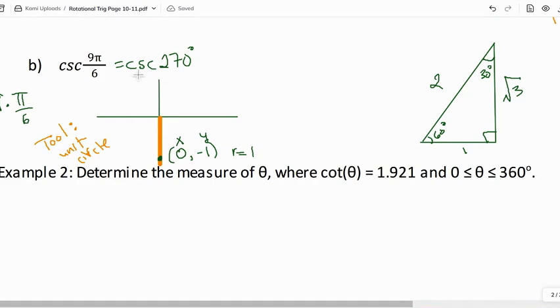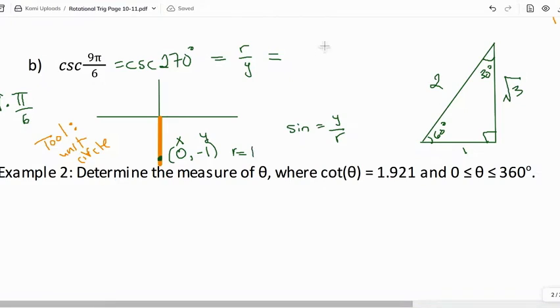Cosecant is the reciprocal of which one? Sine. And sine is y over r. As such, what is cosecant? r over y.